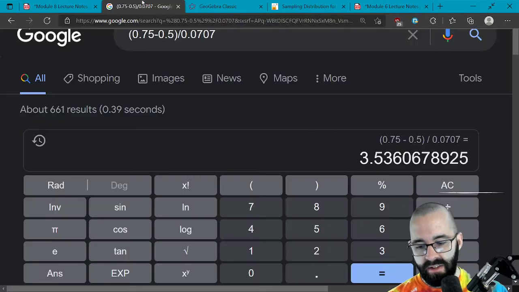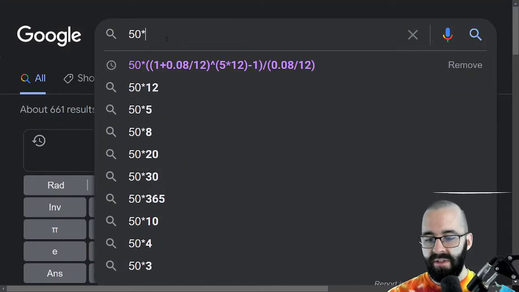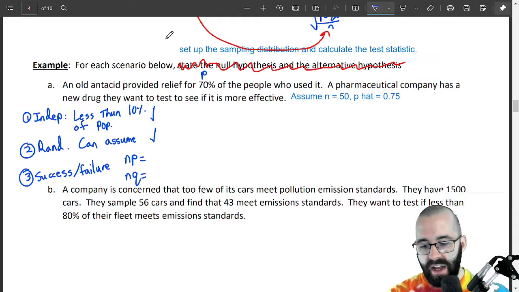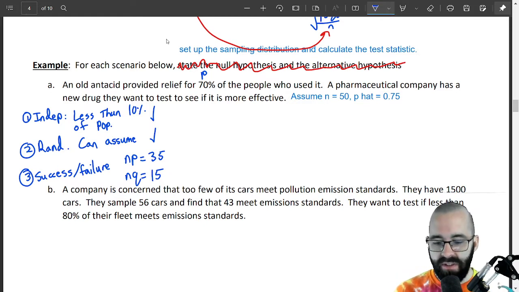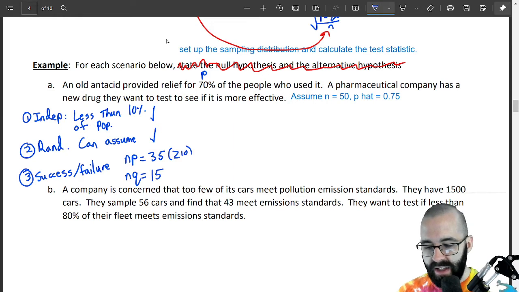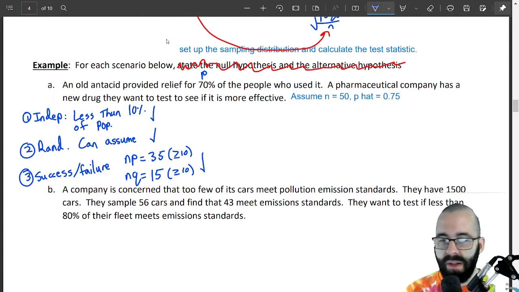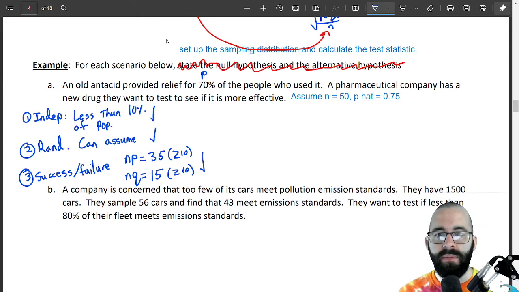On average, there's 35 successes. And on average, you do the same calculation with q: there's 15 failures. So this is bigger than or equal to 10, and this is also bigger than or equal to 10. So we have all 3 requirements of the central limit theorem, so we can model this with a sampling distribution and calculate the test statistic.